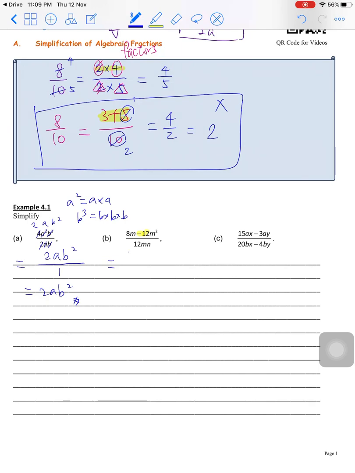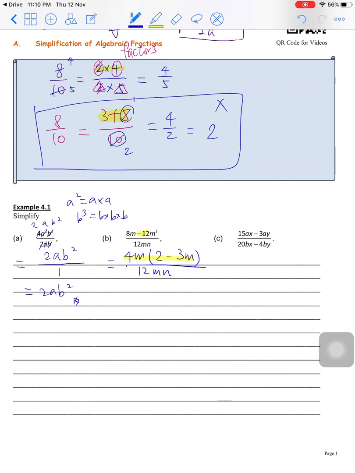To factorize, we look at the numbers first. 8 and 12, we can take out the common factor 4. m and m squared, we can take out m. The rest we write down in the bracket. So 8m, you take out 4m, you still have 2. Then the 12, you take out 4, you still have the 3. m squared, you take out 1m, you still have 1m inside. The denominator is 12mn.